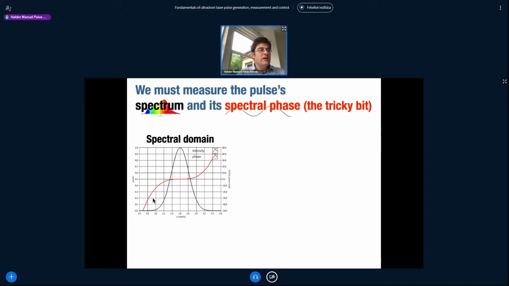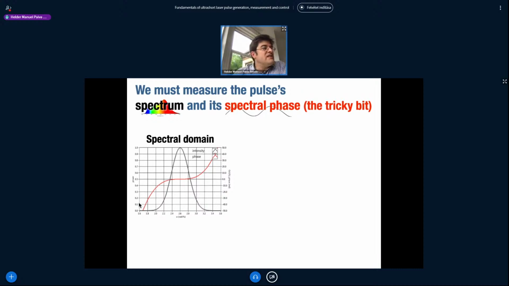You may remember when I mentioned in the beginning that if you want to have a short pulse, you need different colors which have to be synchronized. So this is exactly what this phase is telling us. If we have, for instance, a phase which is a flat line, this means that all frequencies are synchronized, and we get a very, very short pulse.